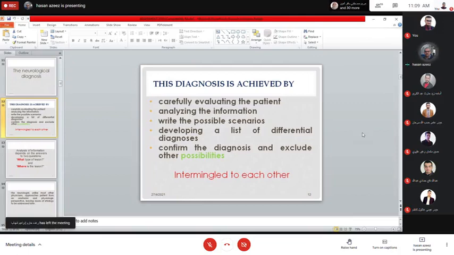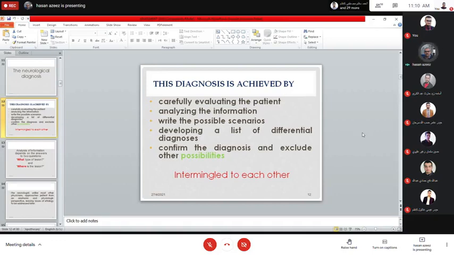That is by analyzing the information, because the patient may give us much information. Most probably he doesn't know the significance of each one. So we should analyze the information and understand the cause-effect relationship. According to analyzing the information, we can write a possible scenario for the patient's illness.